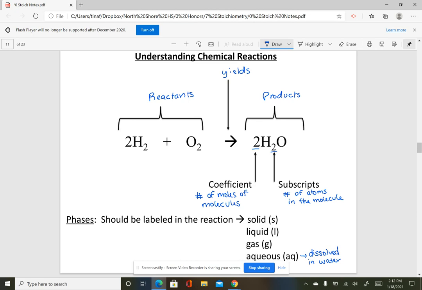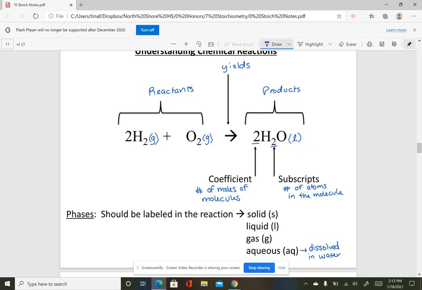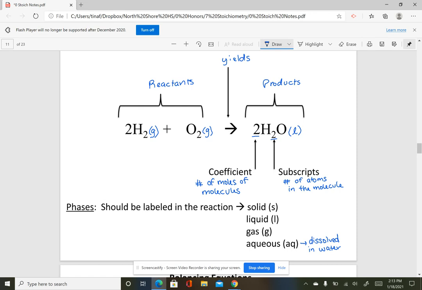So if this chemical reaction, for example, was happening at STP, I already know from the periodic table unit, because we labeled all of our elements and what their phases are at STP, that hydrogen and oxygen are both gases. And then at STP, that's 0 degrees Celsius, we would be making water probably in the liquid phase. Okay. But there are ways to know if we have compounds, what phase of matter those compounds would be in. And we'll get to that a little bit later.